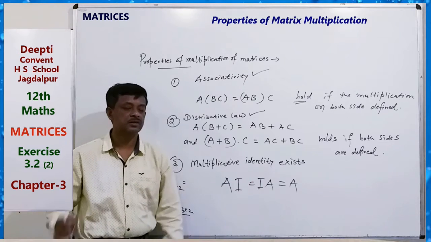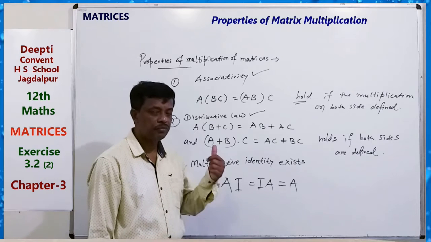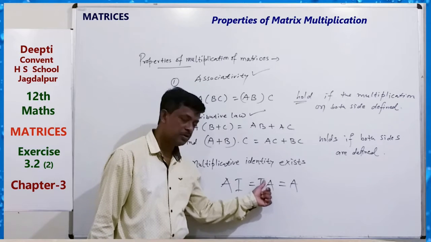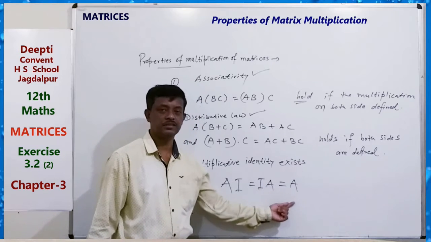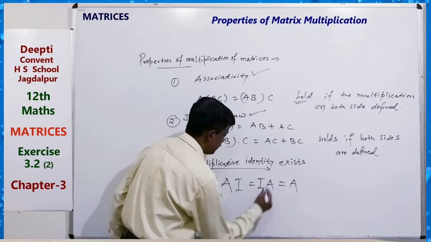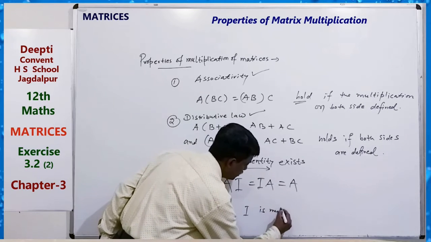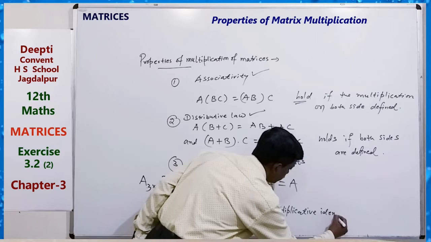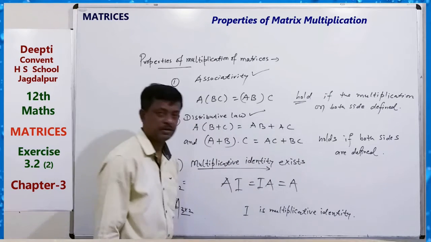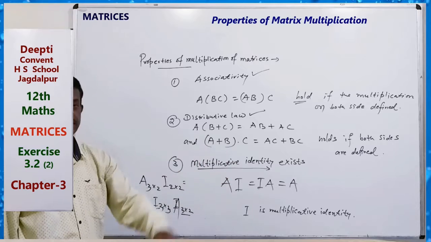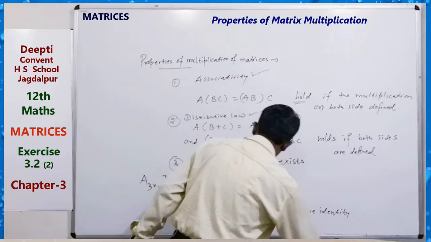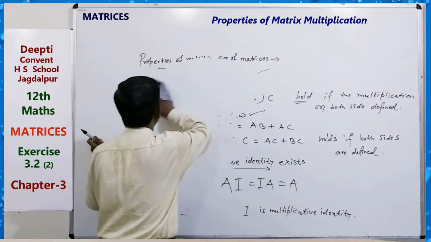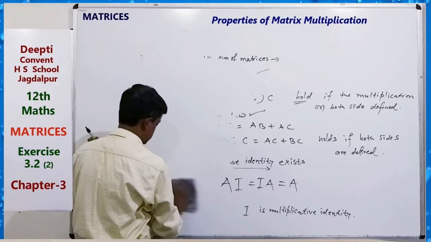So I is a square matrix whose order matches the number of columns on one side and the number of rows on the other. Then we can get it like this. I is the multiplicative identity. So these are the properties of multiplication of matrices.